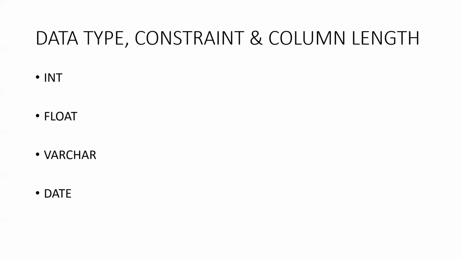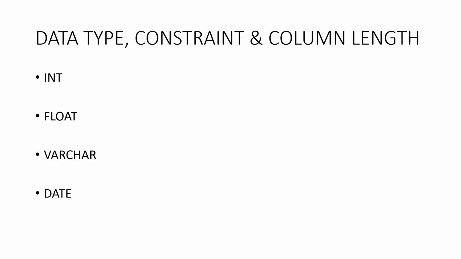Suppose we have declared a column as an integer. Now, while inserting the data, if we try to insert a character value there, we get an error, because we are trying to insert a non-integer value into an integer column. This is not acceptable, so it throws an error. So data type is that important.